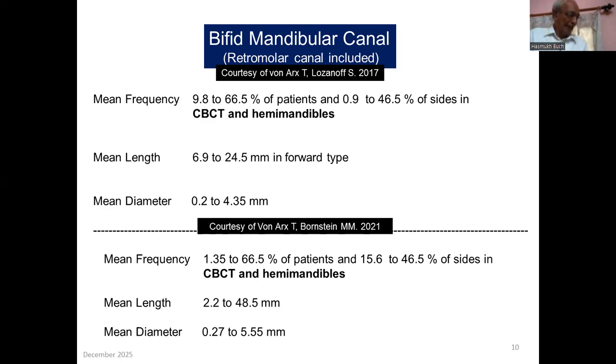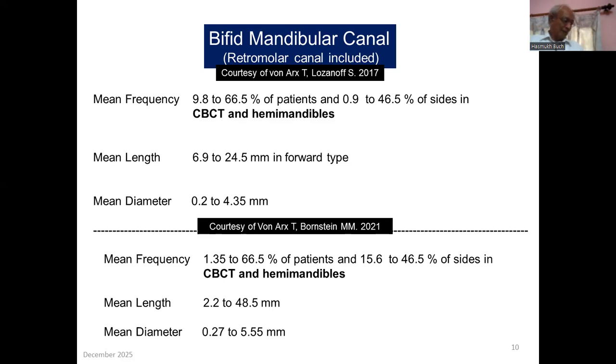Mean frequency 9.8 to 66.5% of patients. It's a very wide range. And 0.9 to 46.5% of sides in CBCT and hemimandible.